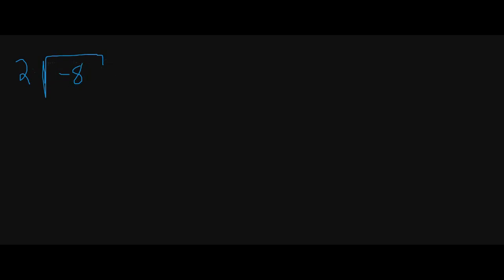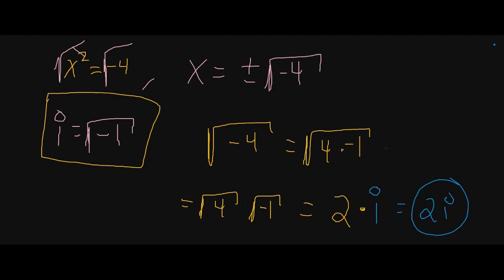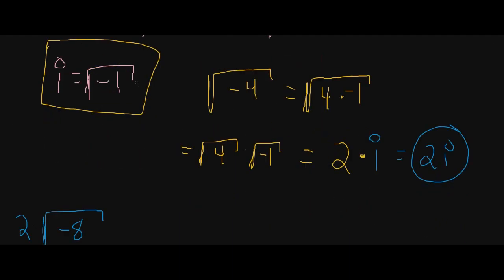Because there's a negative in here, I want to pull that out. And we're going to be using this idea that we just saw here, that i equals the square root of -1. So we can write this as 2 times the square root of 8 times -1, and then we're going to get 2 times the square root of 8 times the square root of -1, right?